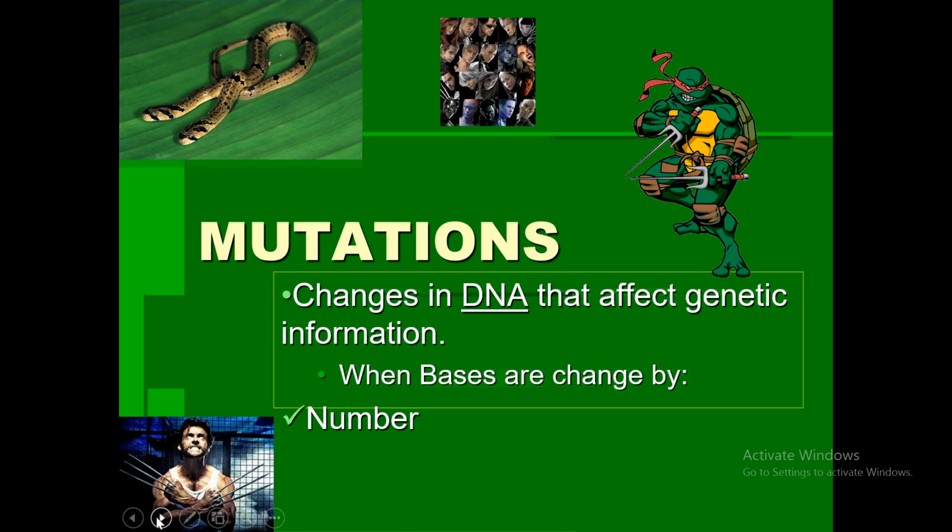Mutations occur if the type of bases change. So if you originally have adenine and now it's a thymine there, in the original strand, and in the order. So if it's adenine, guanine, cytosine, and now it's guanine, adenine, cytosine, that order of bases, that's going to cause a mutation. So anything where there's a change in the DNA. All right? Any questions?